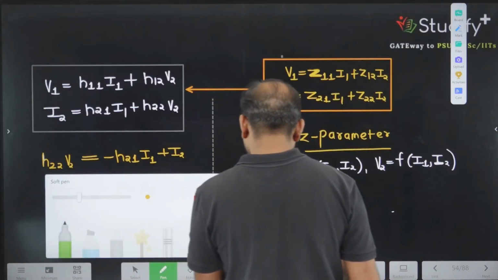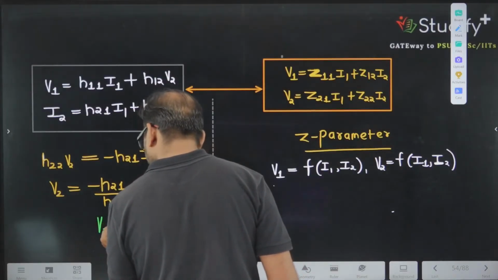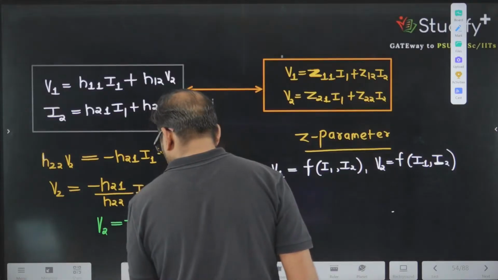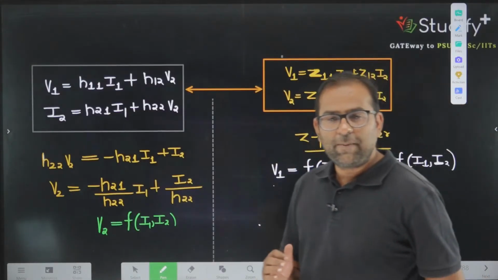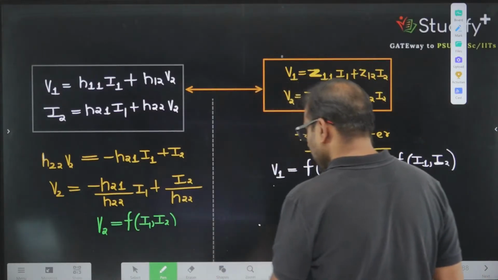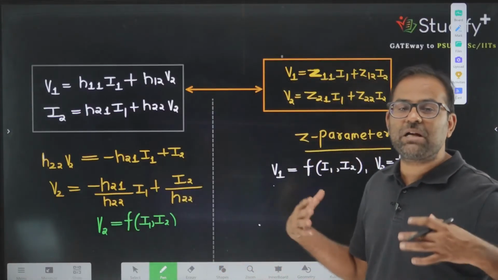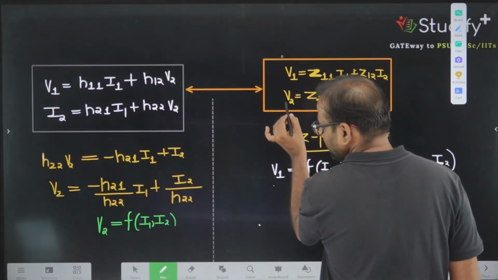Now here you can say, what is V2? V2 is now represented as a function of I1 and I2. If we are defining the same network using these two parameter sets, then these two equations must be equal.